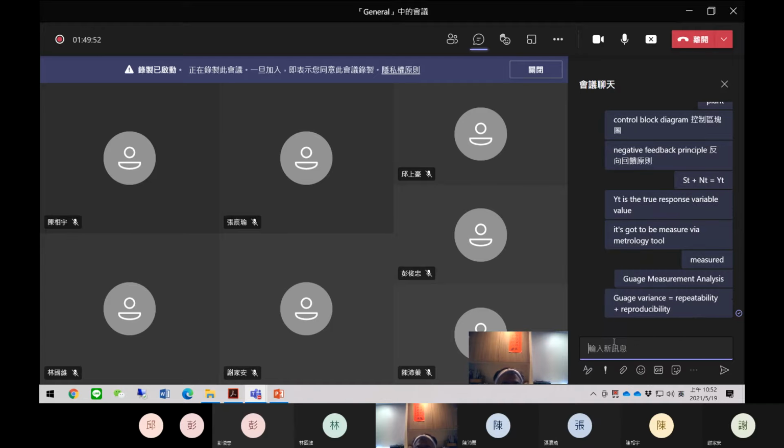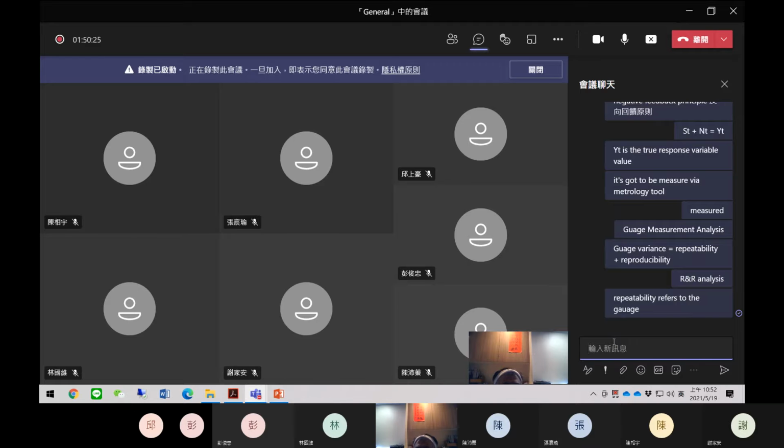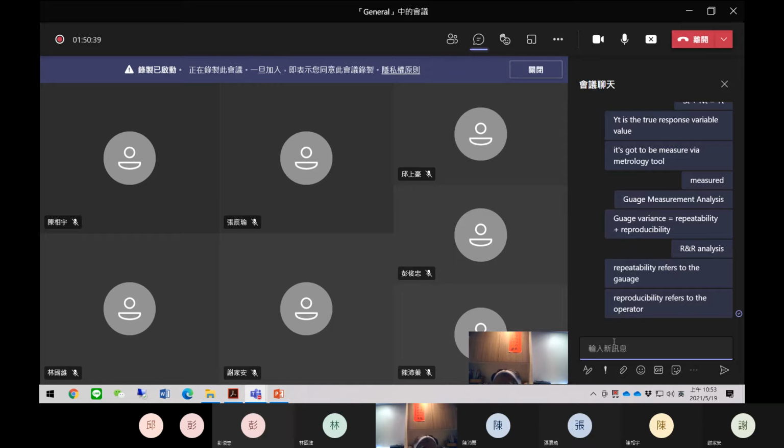This is the R and R analysis. The repeatability refers to the gauge, and the reproducibility refers to the operator. So this is QC.